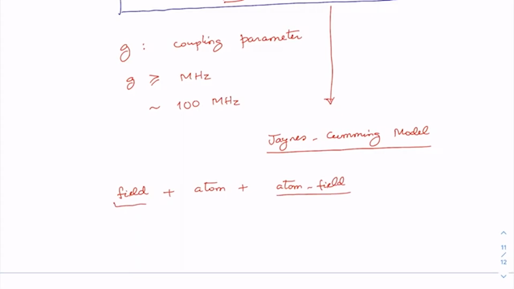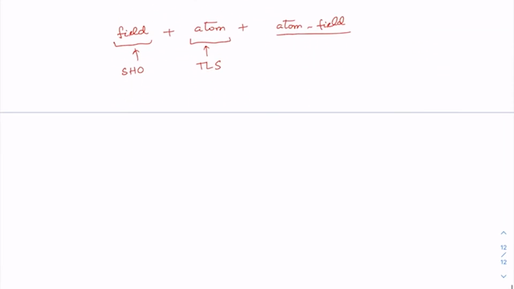In our case, the field is a single mode, a simple harmonic oscillator, and the atom is a two-level system. So let us now write down the full Jaynes-Cummings Hamiltonian.